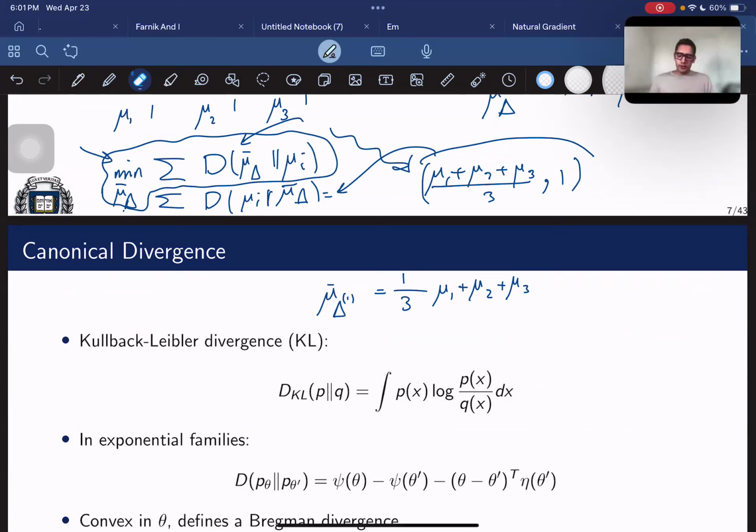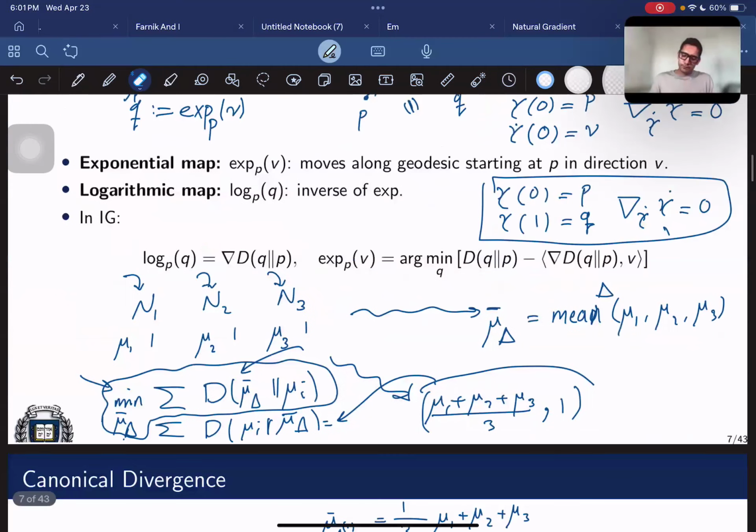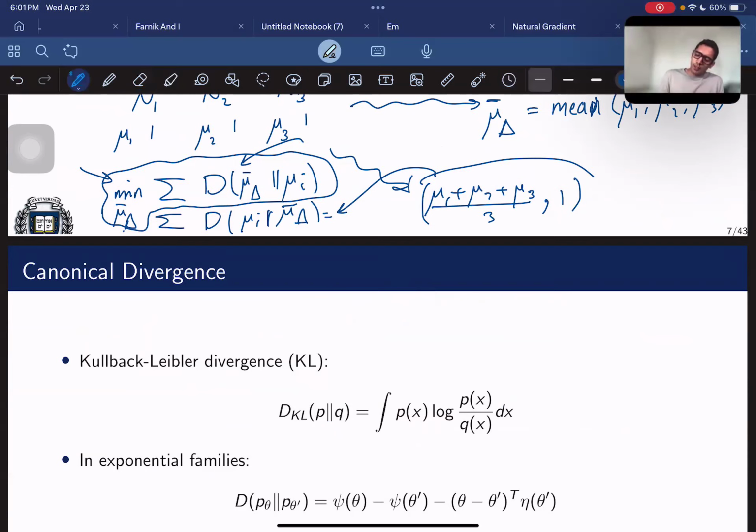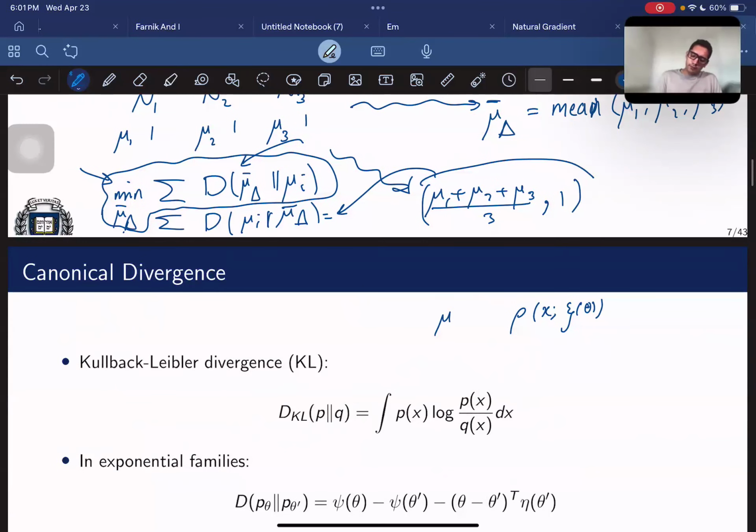So I start with a parametric model. For example, consider this as a normal distribution. This is what I have, and this is the empirical distribution. Okay.